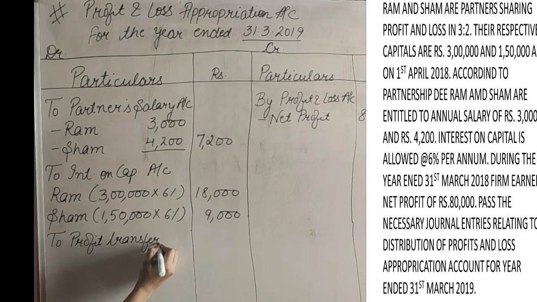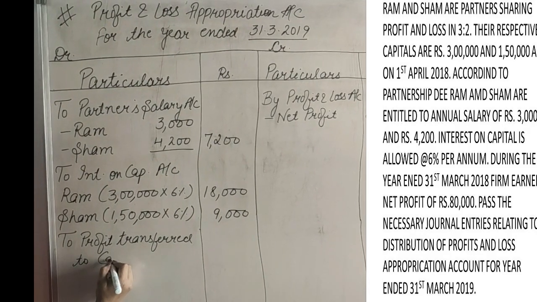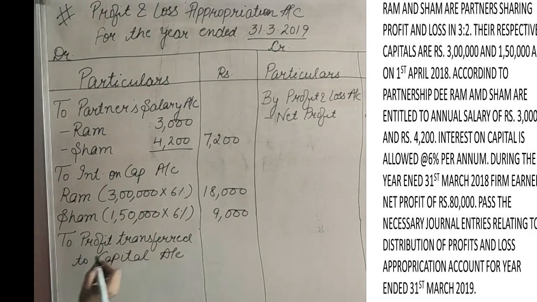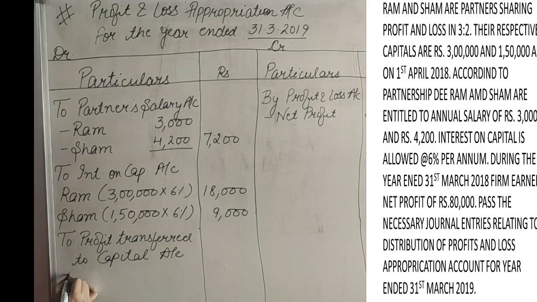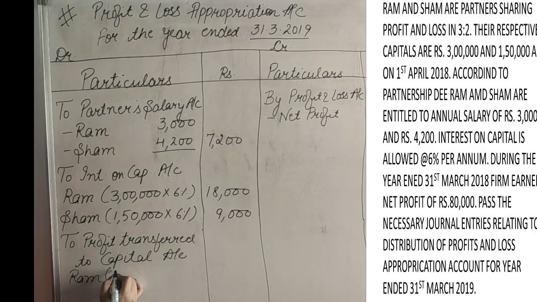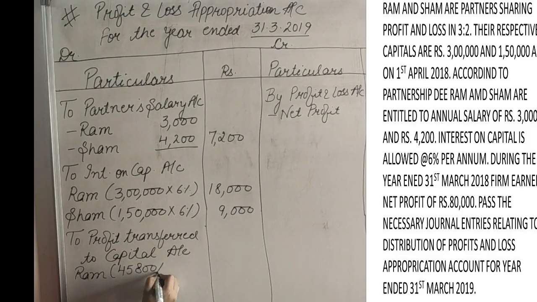After the deduction of these items, the partners get the final amount of profit, rupees 45,800. This figure is transferred to Ram and Shyam's accounts according to their profit sharing ratio.